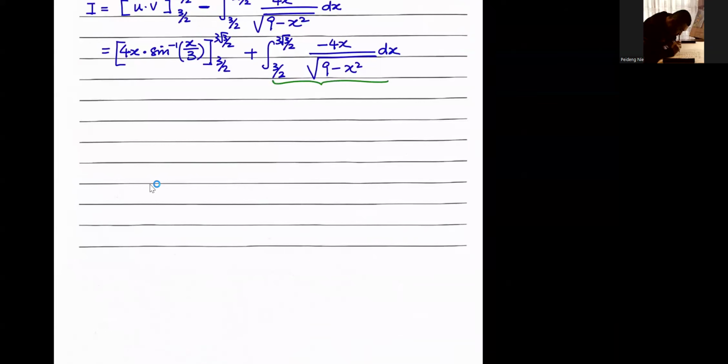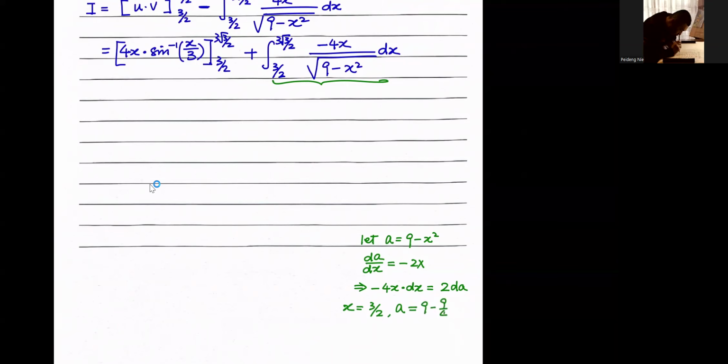Because for the second chunk of working, if you let a equal 9 minus x squared, your dA dx is negative 2x, which means your negative 4x times dx is 2 lots of dA. And when my x equals 3/2, my a value is going to be 9 minus 9/4, which gives me 27/4.